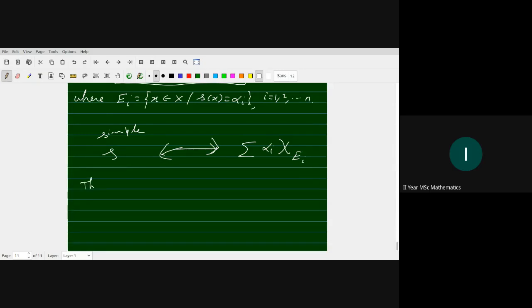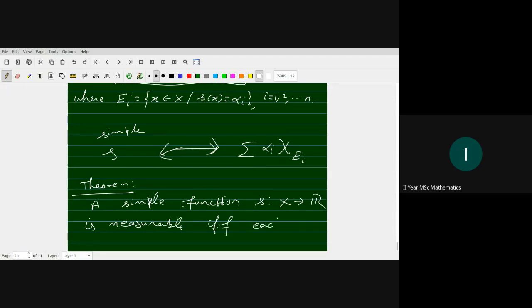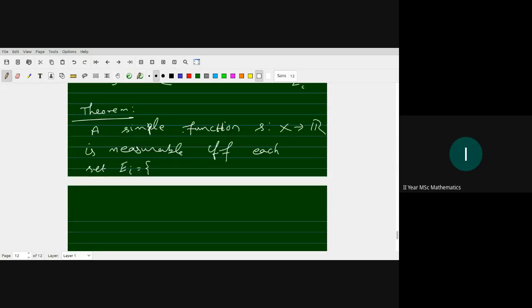So the next theorem: a simple function S from X to R is measurable if and only if each set E_i, the set of all x in capital X such that S of x equals alpha_i, is measurable for each i, i from 1 to n.